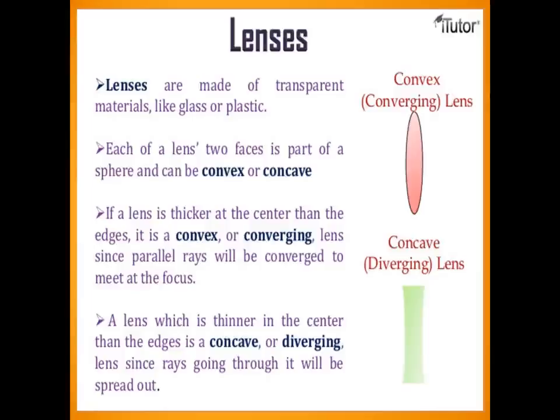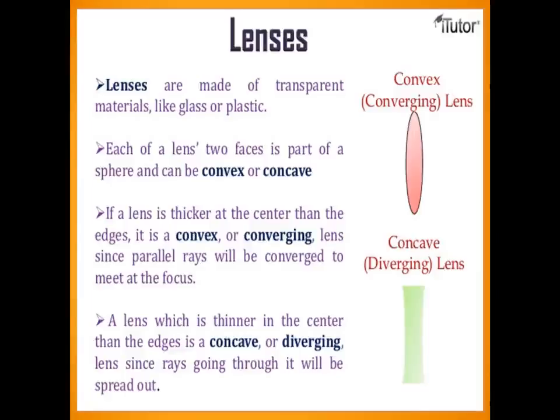Each of a lens's two faces is a part of a sphere and can be convex or concave. Convex means converging, concave means diverging. If a lens is thicker at the center than the edges, it is called convex. See in the picture.